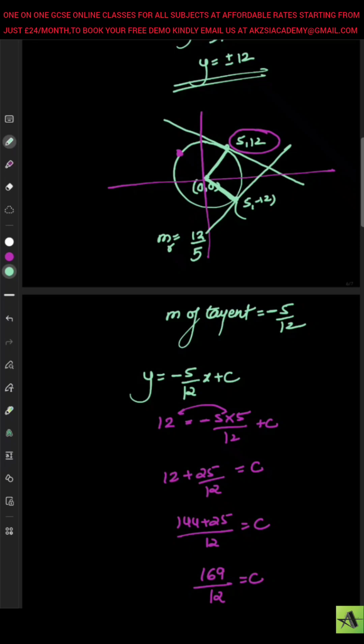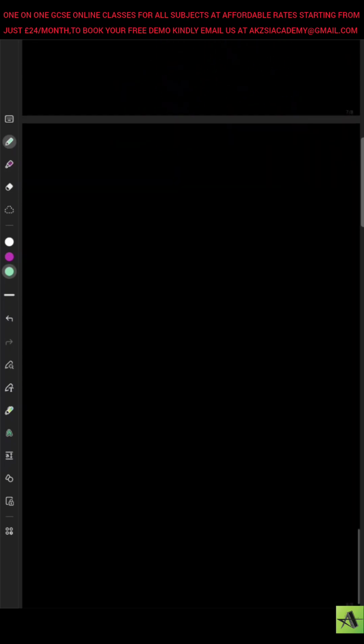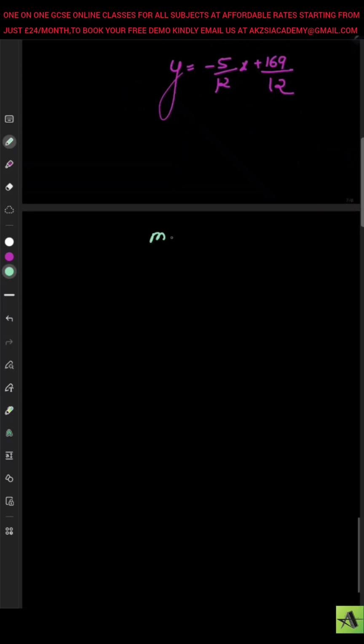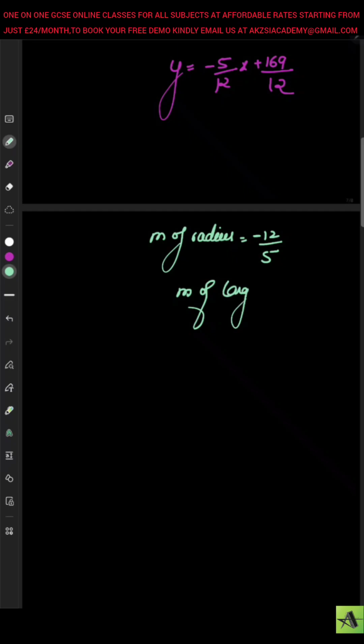So gradient is change in y over change in x, that is minus 12 over 5. So the gradient of the radius is minus 12 over 5. Then the gradient of the tangent will be the negative reciprocal, so it's going to be 5 over 12. So y equals mx plus c, 5 over 12 x plus c.